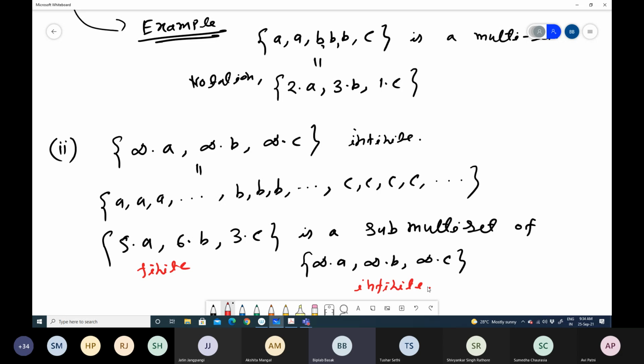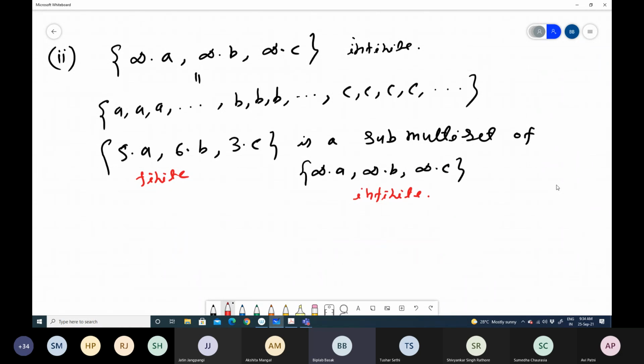The concept is very trivial. We also ask what the size is. It is 5 plus 6 plus 3, which is 14. The size of a finite multi-set means the number of elements counted with repetition. I hope this is clear. This is very simple.